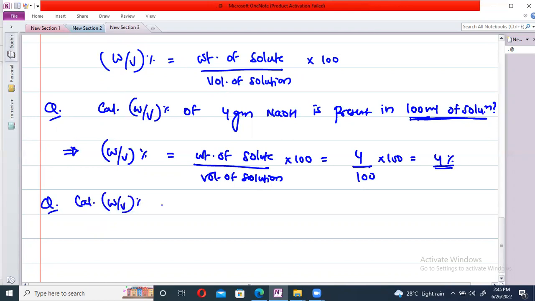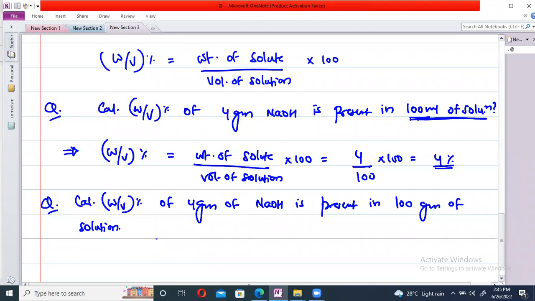Let's suppose they give the same question now: calculate W by V percent if 4 gram of NaOH is present in 100 gram of solution, where the density of solution is equal to 1 gram per ml.